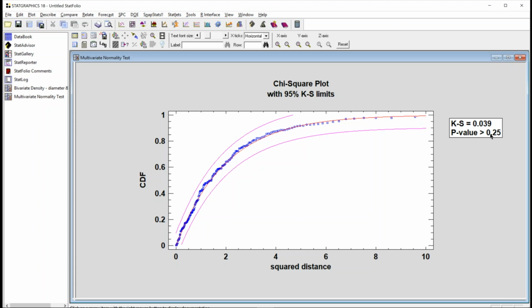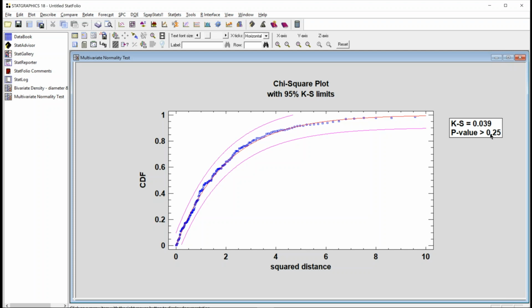There's also a Kolmogorov-Smirnov test applied to the data to tell us whether or not the data follow a chi-square distribution. Over here it says that according to the Kolmogorov-Smirnov test, the p-value is greater than 0.25. We interpret that similarly to the way we'd interpret the p-value on Royston's test. Anything greater than 0.05 says that the multivariate normal distribution may in fact be a reasonable model for our data.